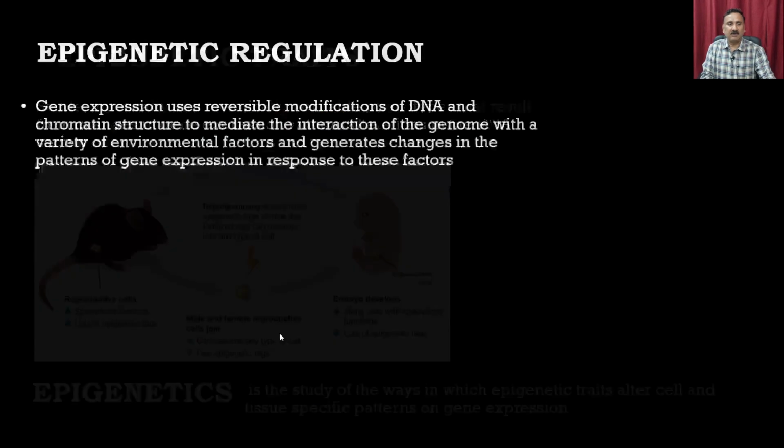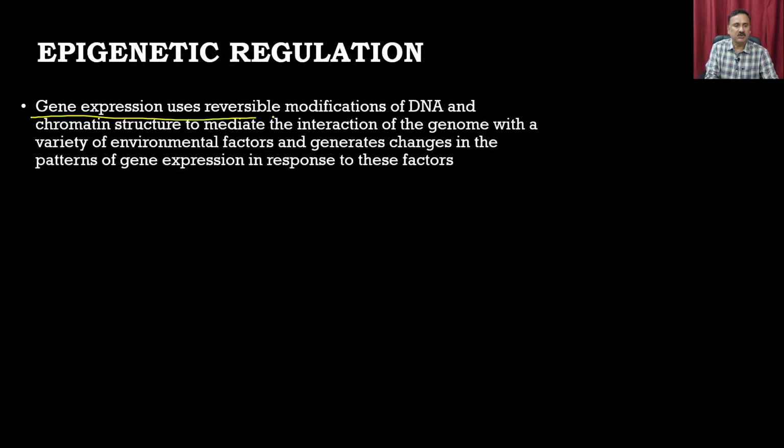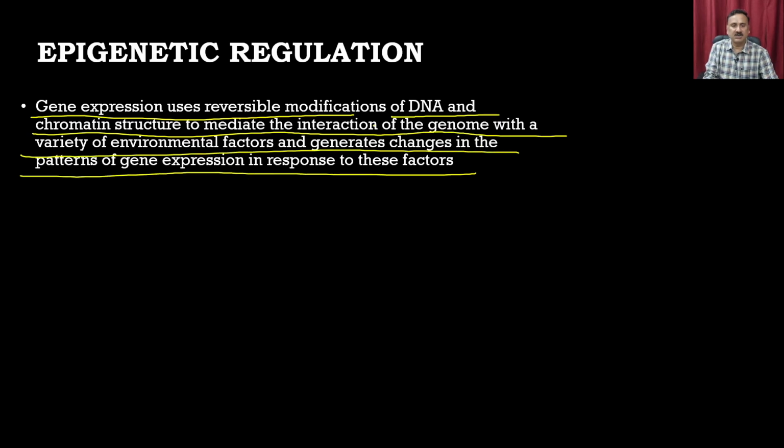So how does the regulation of epigenetics work? Gene expression uses reversible modification of the DNA and chromatin structure to mediate the interaction of the genome with a variety of environmental factors, and generates changes in the pattern of gene expression in response to these factors. Remember that epigenetics is a very, very big topic, and epigenetic regulation is also very important, with different types of mechanisms where you can modify the DNA or change the DNA packaging and so on.